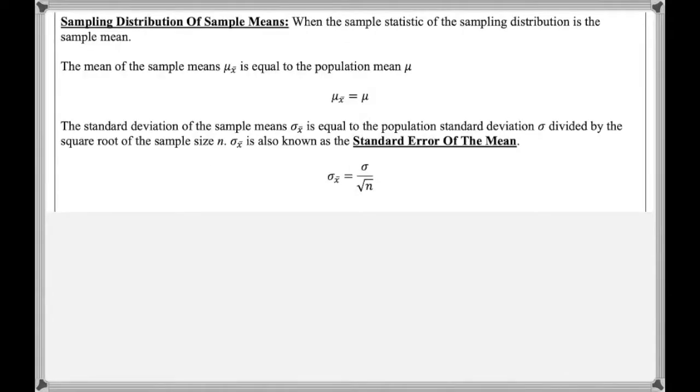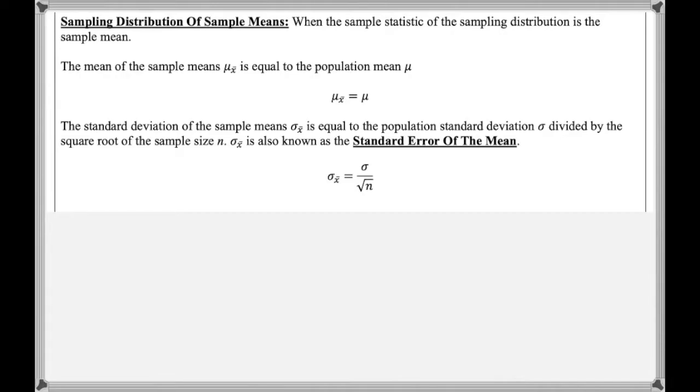So the sampling distribution that we are going to be focusing on is the sampling distribution of sample means. So this is when the sample statistic of the sampling distribution is the sample mean. So the mean of sample means, which is represented by mu of x bar, is equal to the population mean, mu.